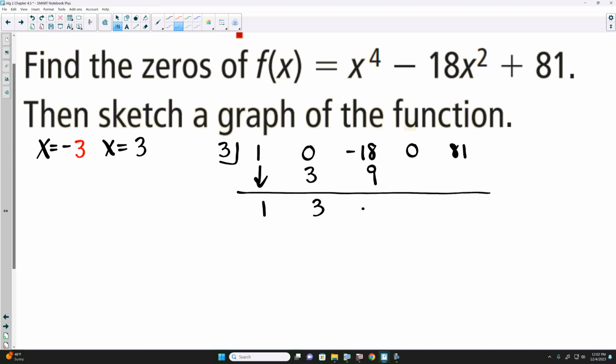Negative 18 plus 9 is negative 9. 3 times negative 9 is negative 27. 0 plus negative 27 is, well, negative 27. And 3 times negative 27 is negative 81.